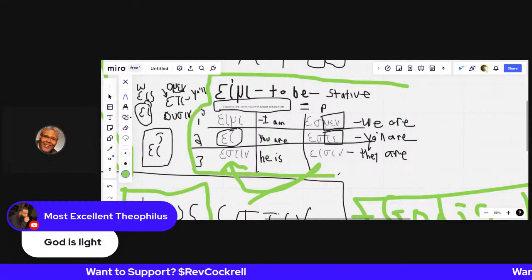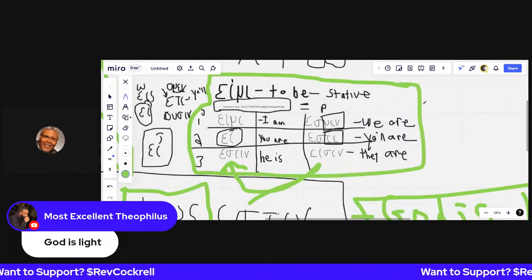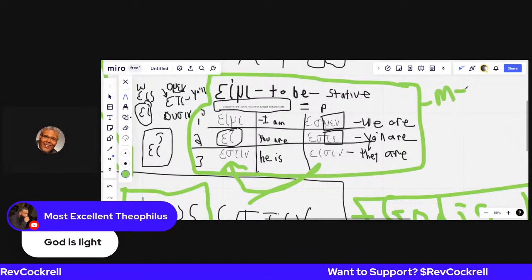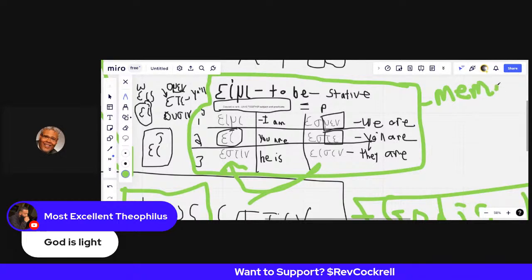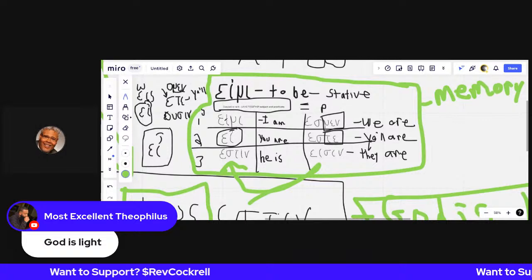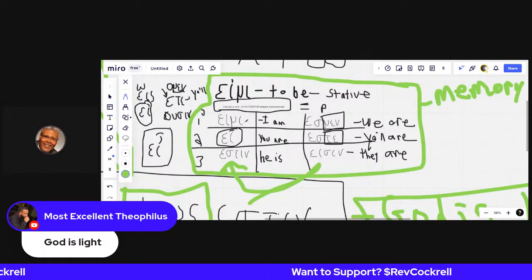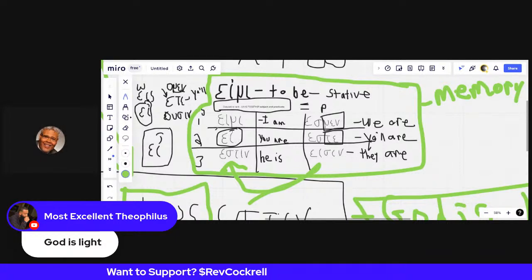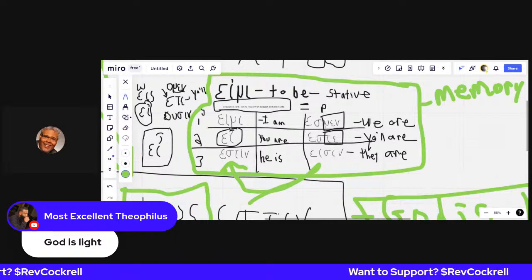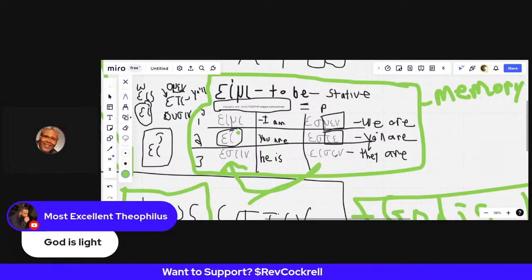You want to memorize this. Memorize this chart. These will never be added to a word. It's a separate word. These will always be next to words.